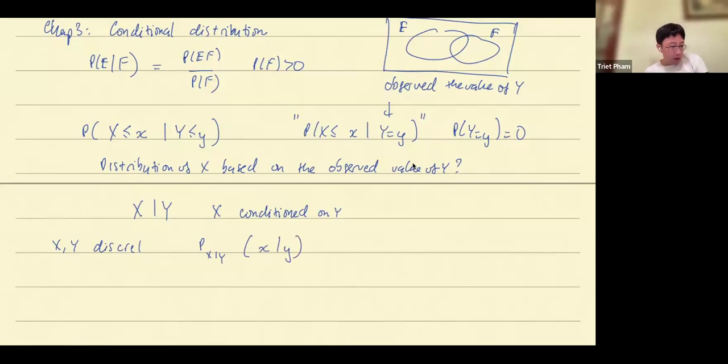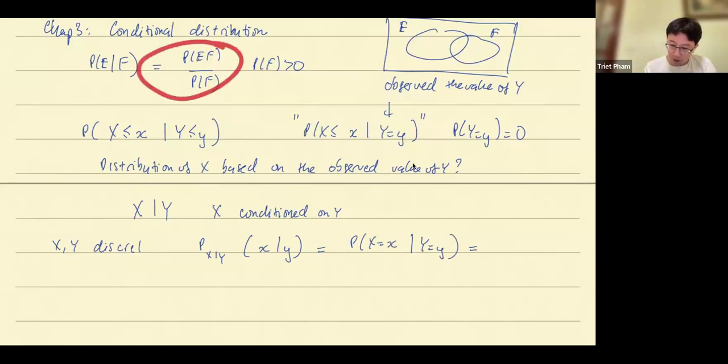All this is just fancy notation to say the probability of X equals x, conditioned on Y equals y. And if you follow the definition of conditional probability, then that's like that.